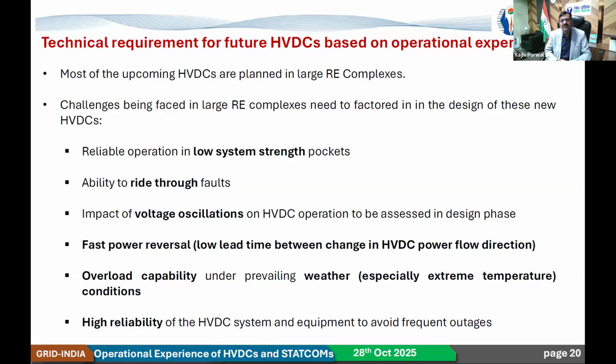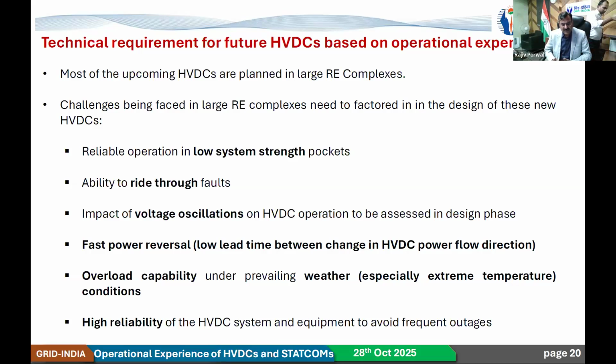In the renewable rich area, we are also finding some voltage oscillations, again related to the PPC control loops and how much delay there is in different PPC controls. Therefore some voltage oscillations happen, which can again impact the HVDC operation. We have seen that these HVDCs sometimes misbehave when there is a very low fault level, and oscillations have also been observed in some areas. So we are saying let us plan new HVDCs which would be able to sustain that.